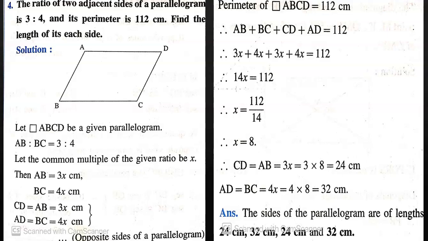So x would be 112 upon 14. x is equal to 8. Now let's substitute and find the values. 3x would be 3 multiplied by 8 which is 24 and 4x would be 4 multiplied by 8 which is 32. So I have the sides of the parallelogram as 24 centimeters, 32 centimeters, 24 centimeters and 32 centimeters.